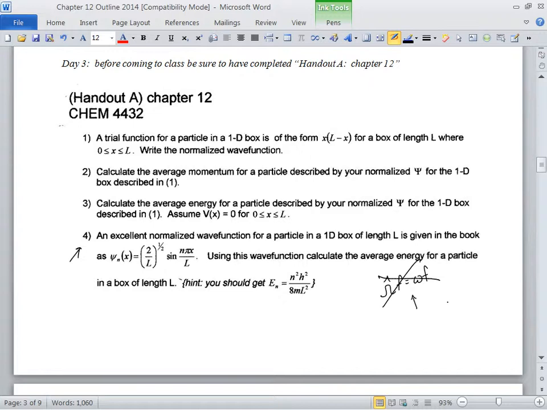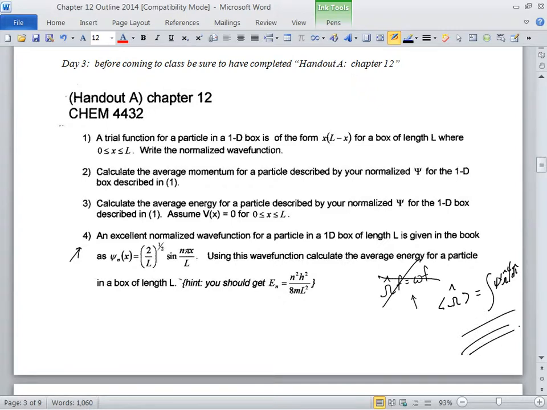Omega hat equals the integral. Yeah, but something was surrounding omega hat. Yeah, the bra and the ket there. Integral psi star omega hat psi. There it is. That's your starting point.